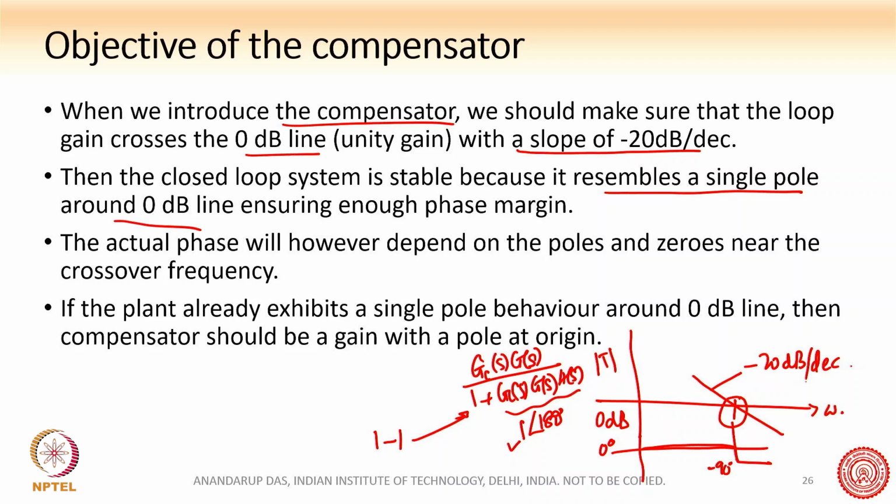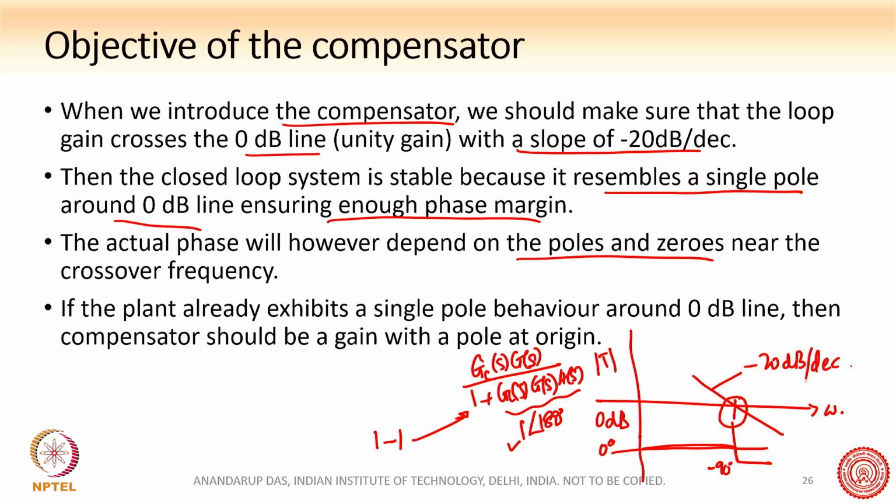So if your loop gain is crossing the 0 dB with a slope of minus 20 dB, then you are safe from the phase margin point of view, right? So you have enough phase margin. Of course, depending on the poles and zeros near the crossover frequency, you will not get exactly minus 90 degree.